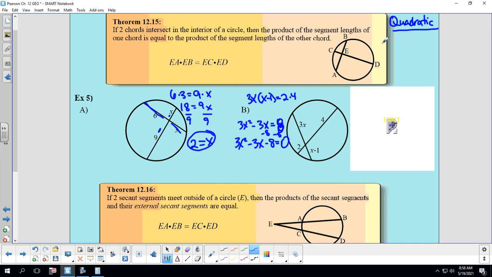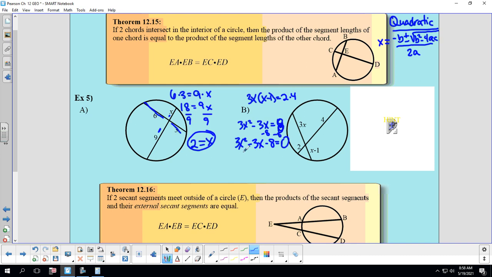The quadratic formula is our x value is equal to negative b plus or minus the square root of b squared minus 4ac, all divided by 2a.